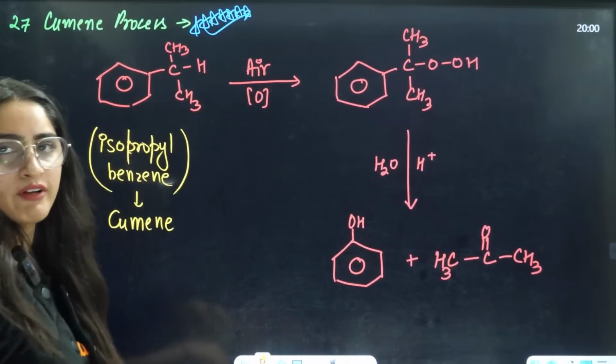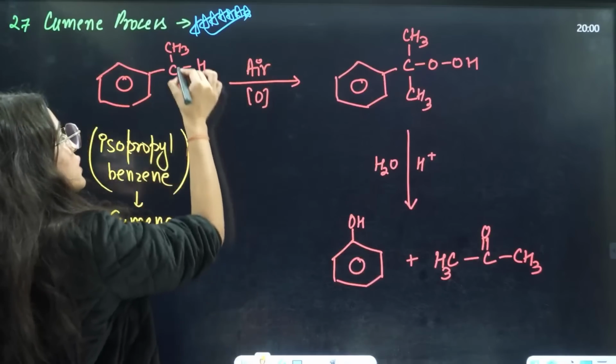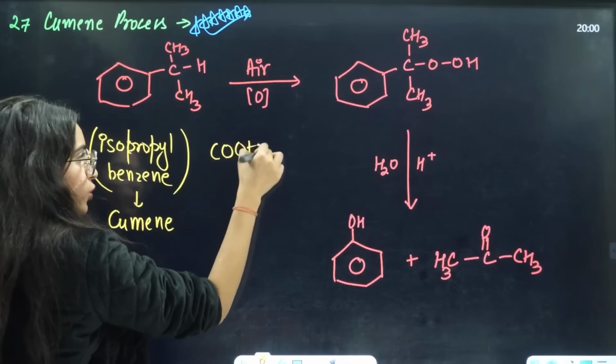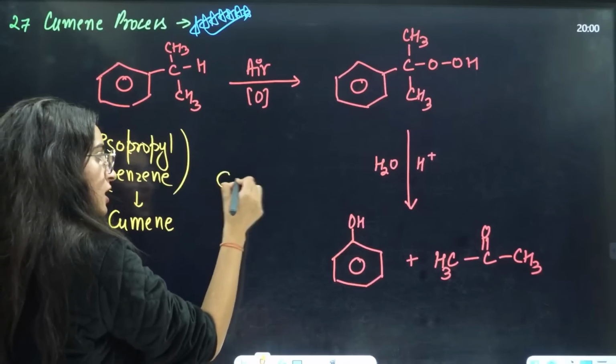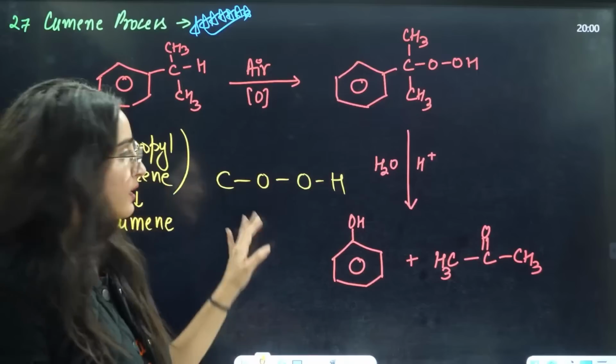Now, when this cumene reacts in air, basically oxidation is happening, and it will have the peroxide linkage over here, not COOH, no. This is C-O-O-H, peroxide linkage you will see here, right?